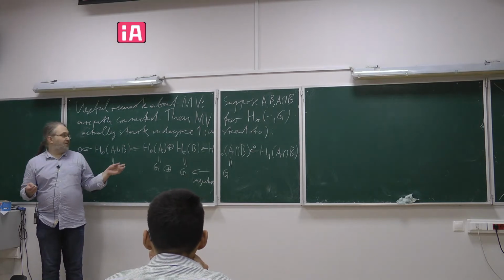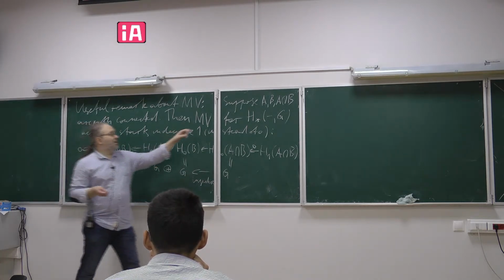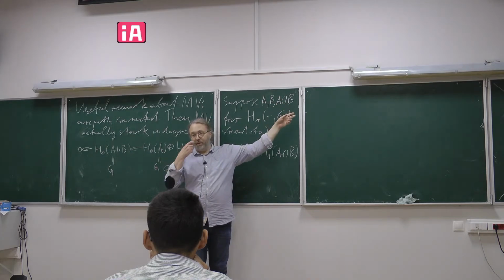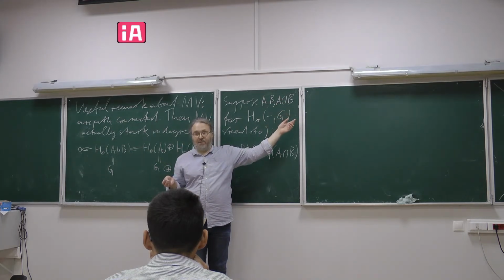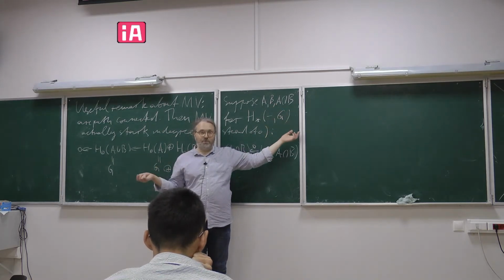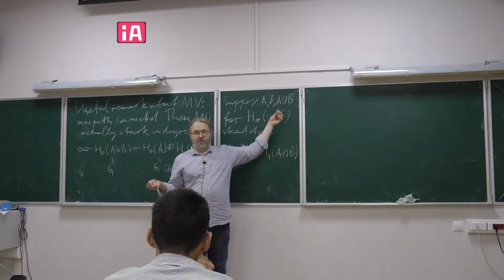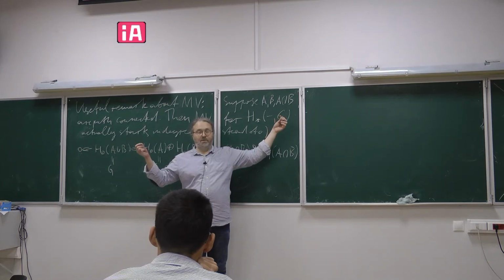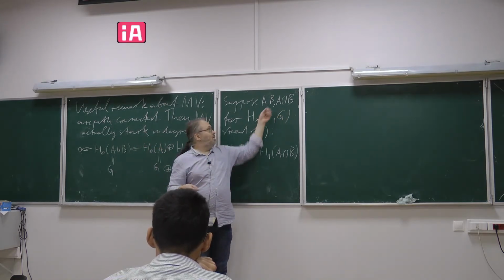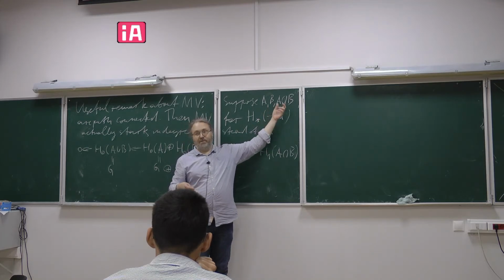Actually, if A, B, and A intersected B are all path connected, just for stupid reasons, the union A union B is also path connected. Just take one point in A, one point in B. We can join them both to some point inside the intersection.